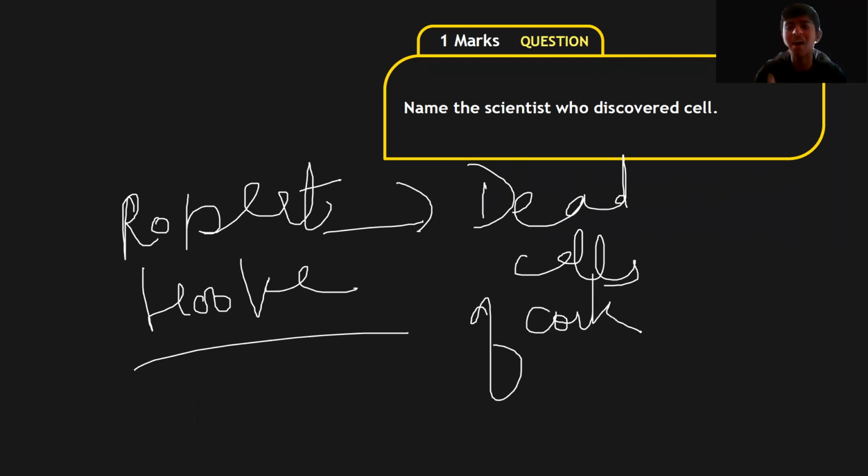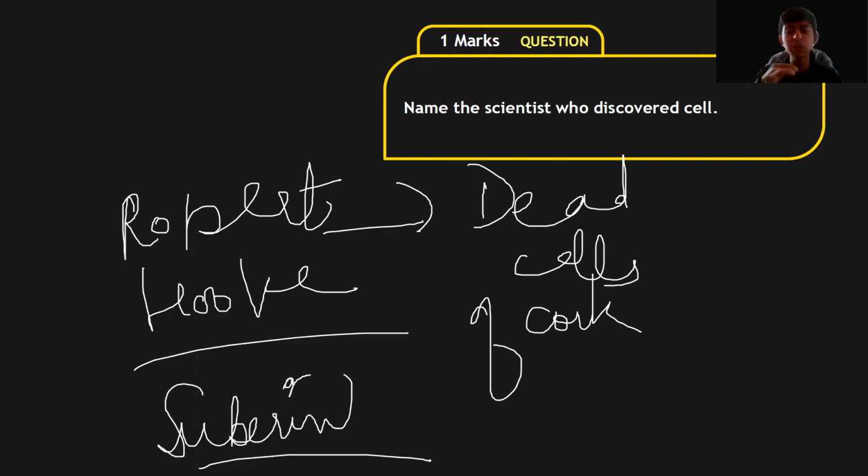Cork is the very old bark, which becomes very stiff because of the presence of suberin. The cell walls of the cork are thickened with suberin, which makes it stiff and protects it. Main function is protection.